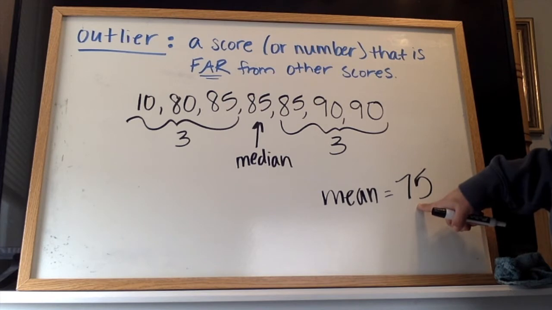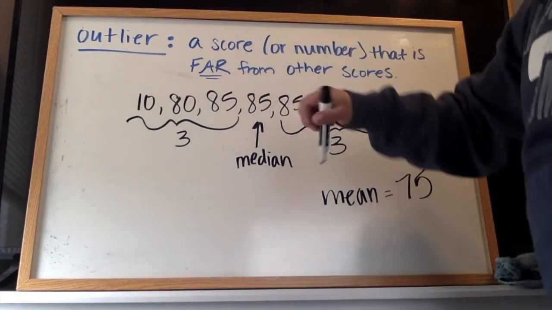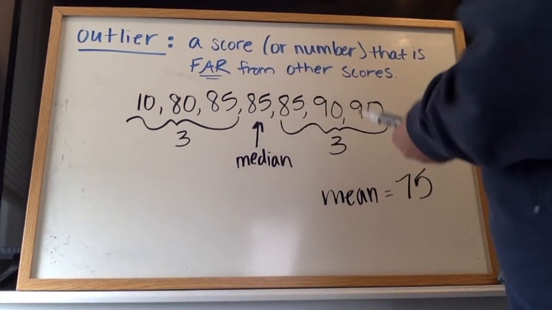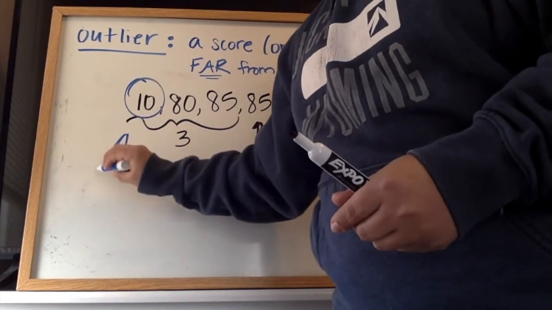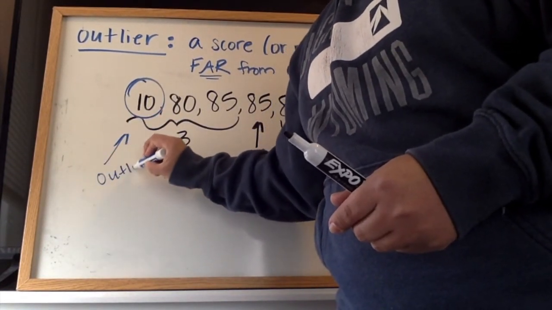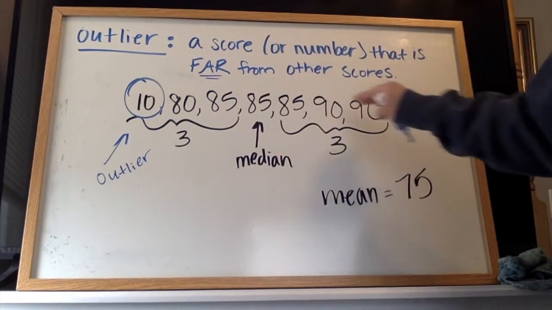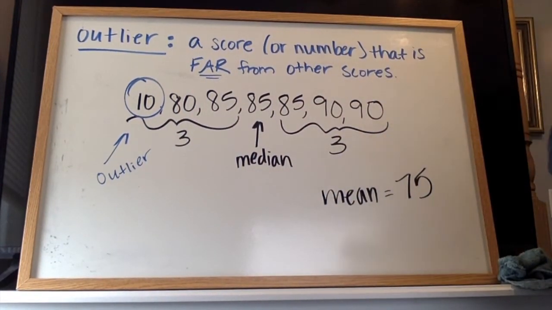So when you have a number like that that's so far away from the others, that's called an outlier. Okay? So 10 would be an outlier. It's nowhere near 80 or 90, okay?